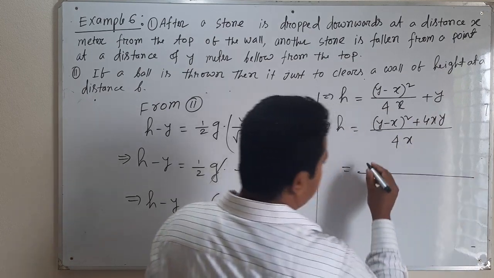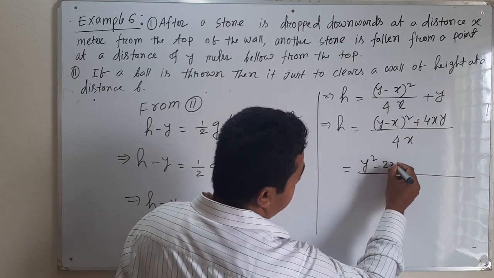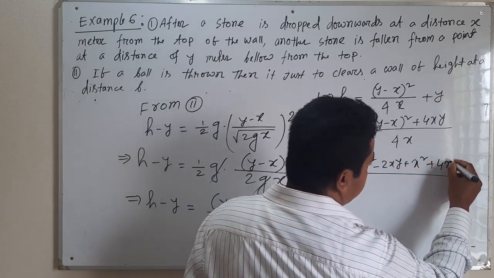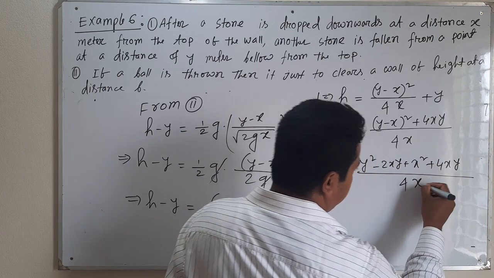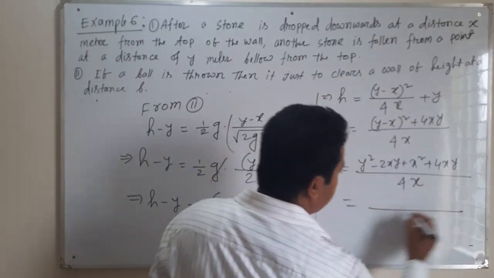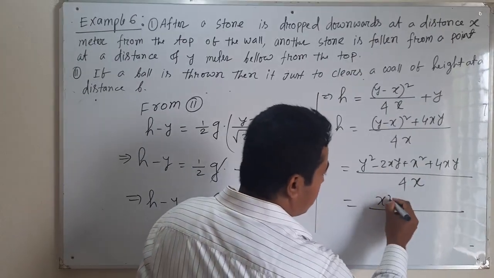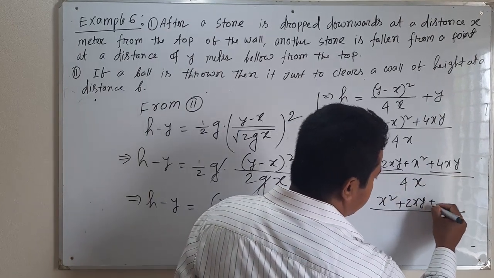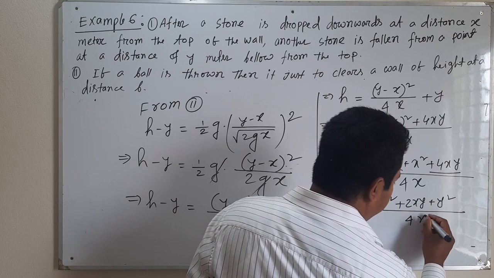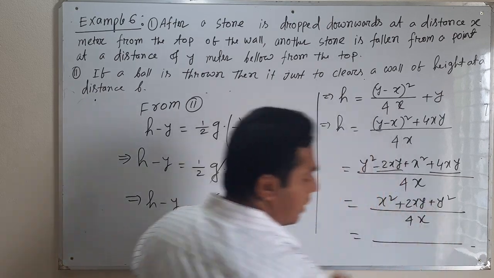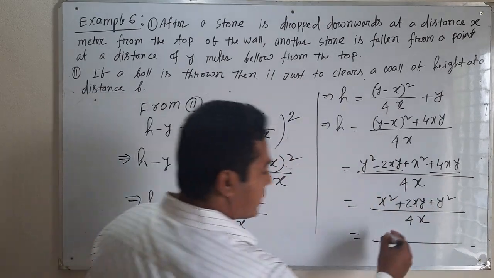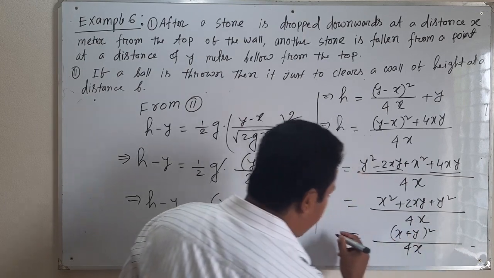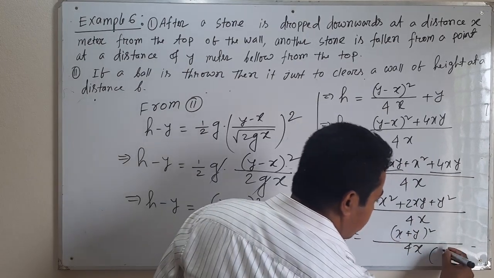Then y square minus 2xy plus x square plus 4xy divided by 4x. So x square plus 2xy plus y square divided by 4x. From the numerator we can write x plus y whole square divided by 4x. This is the height of wall. This is our proved.